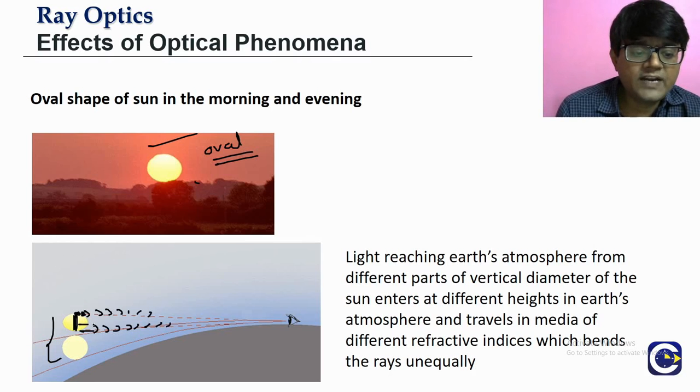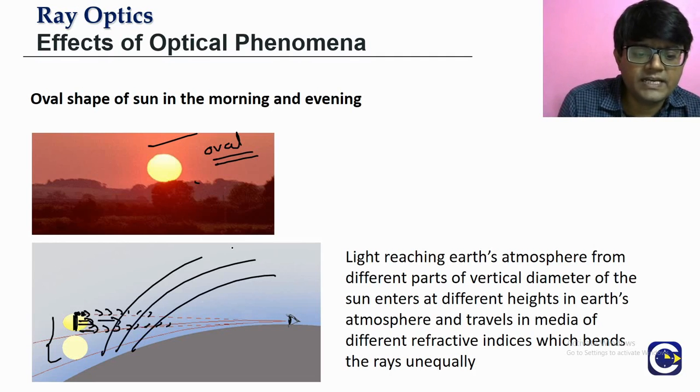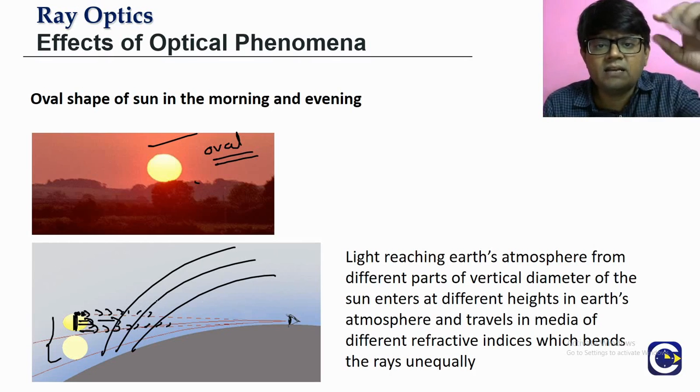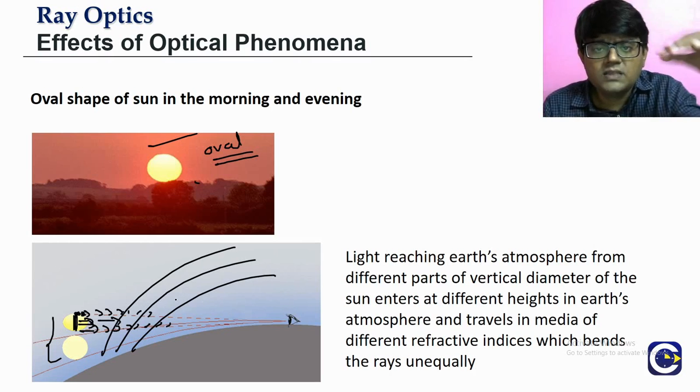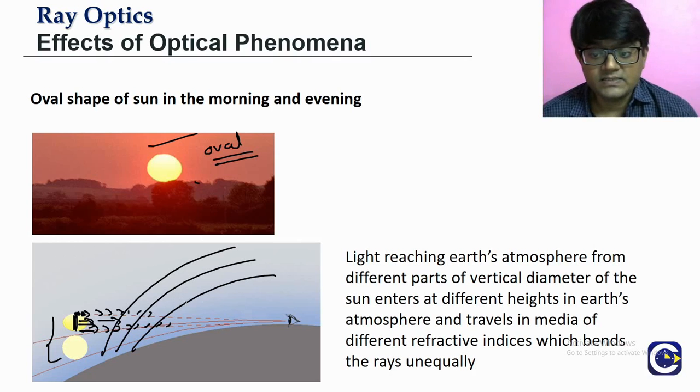Different points of the vertical diameter will be sending rays, and we'll have layers of the atmosphere. These rays will not be entering at the same point, they will be entering at different positions in the atmospheric layers.